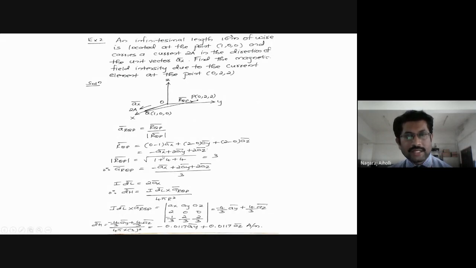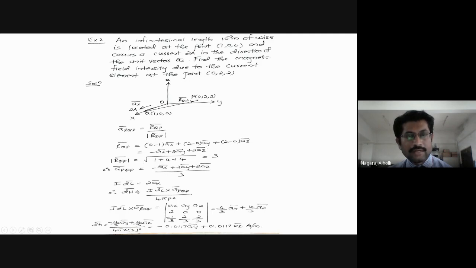This will be minus aX bar plus 2 aY bar plus 2 aZ bar. Then the magnitude of the vector is the square root of minus 1 squared plus 2 squared plus 2 squared. It comes out to the square root of 1 plus 4 plus 4, that is the square root of 9, which is equal to 3. Then the unit vector aRQP bar is minus aX bar plus 2 aY bar plus 2 aZ bar divided by the magnitude 3.